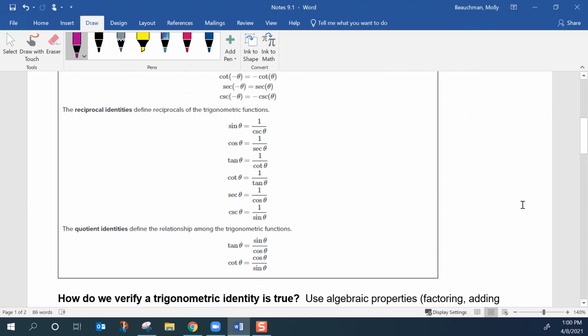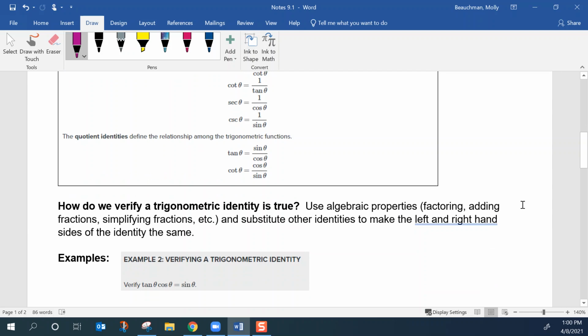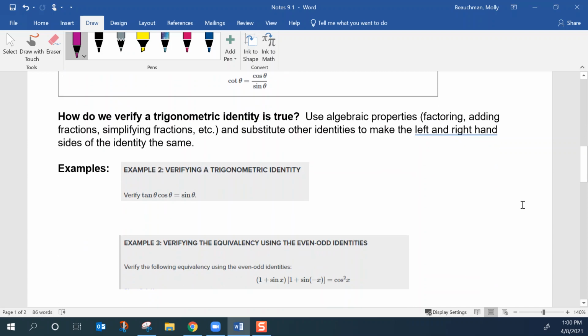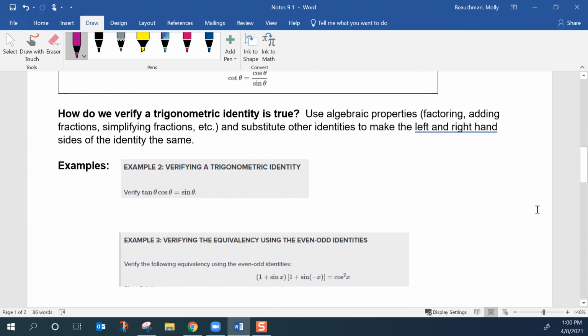So what we do in this section is we verify that a trig identity is true, or we simplify an expression using trig identities. Here are some examples. How do we verify a trig identity is true? We use algebraic properties like factoring, adding fractions, simplifying fractions, and substitute other identities to make the left and right hand side of an identity the same.